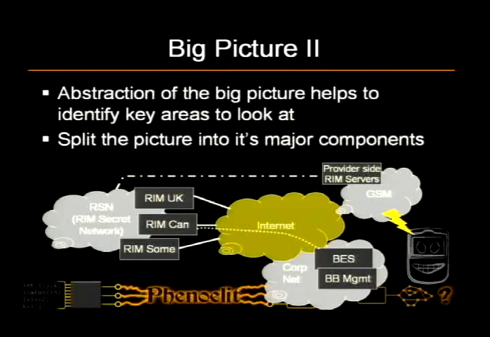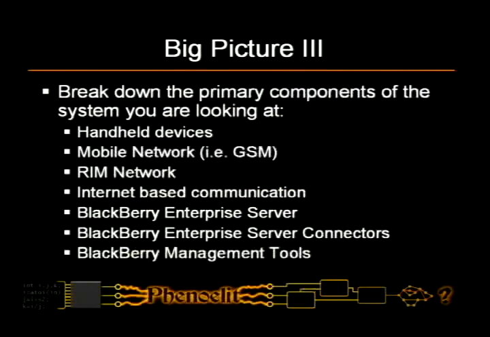So taking a step back and making it more abstract gives you a way better idea of what potential targets are. When you break it down, you have the handheld devices, the mobile network, the RIM network, some internet-based communication, a BlackBerry Enterprise Server, a BlackBerry Enterprise Server connector that talks to your mail system, and you have management tools.